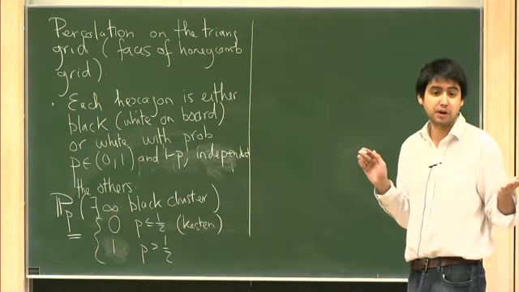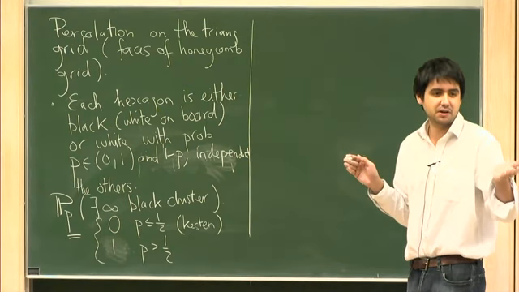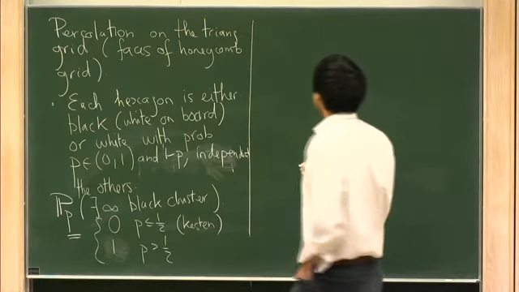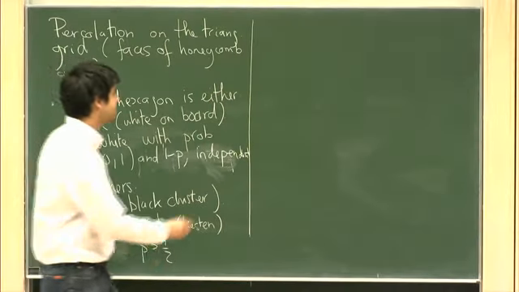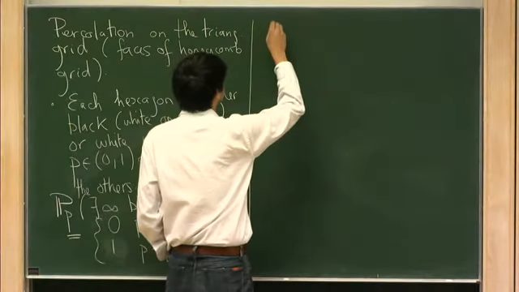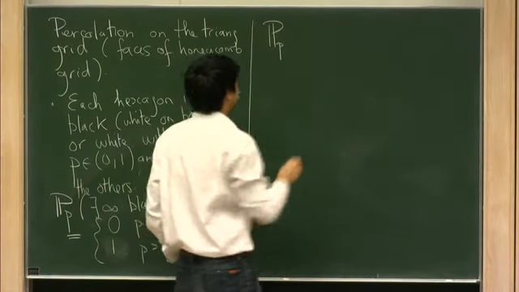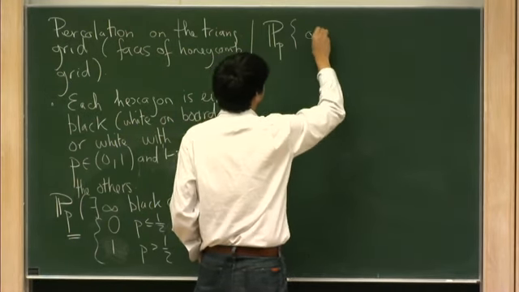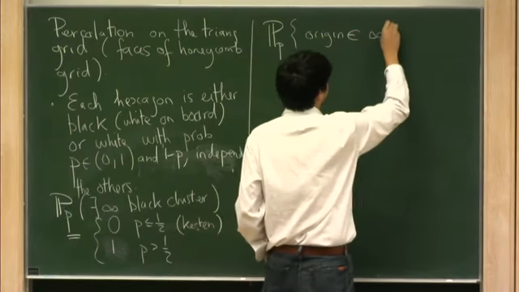Okay, that's not 1, because first, the point has a positive chance of being white. So it's not 1, and it's kind of intuitive that it depends on p. And so we can look at this quantity, the probability that, say, the origin belongs to the infinite black cluster.